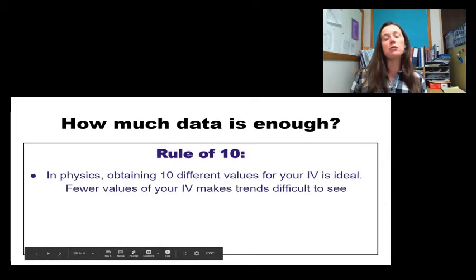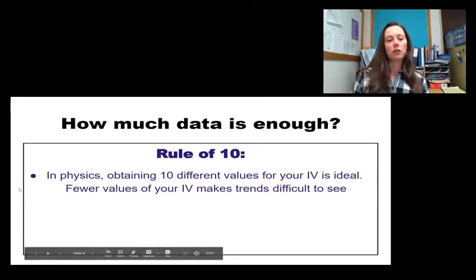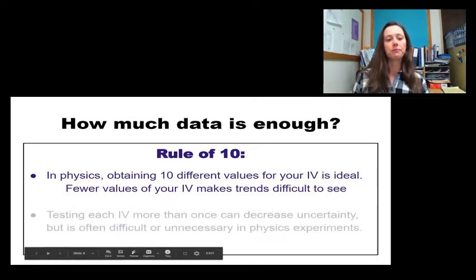And in physics, what we usually mean by that is that ideally you would have 10 different values for your independent variable. Fewer values of your independent variable can make the trend difficult to see. Like in graph A, you can tell that it's decreasing, but is it a straight line? Is it a curve? In graph B, when you had at least 10 data points, you can see much more clearly if it should be a straight line or a curve for interpreting the data.